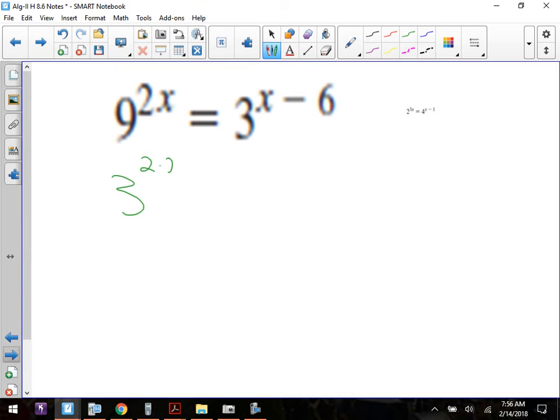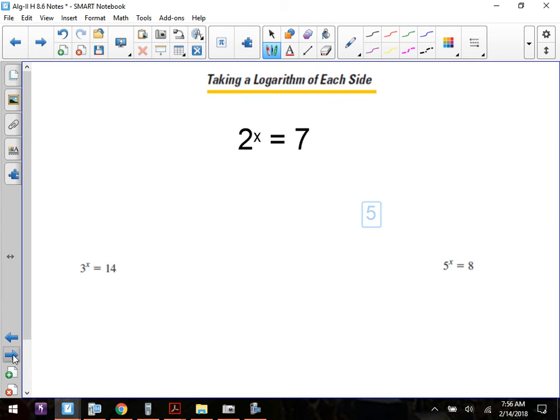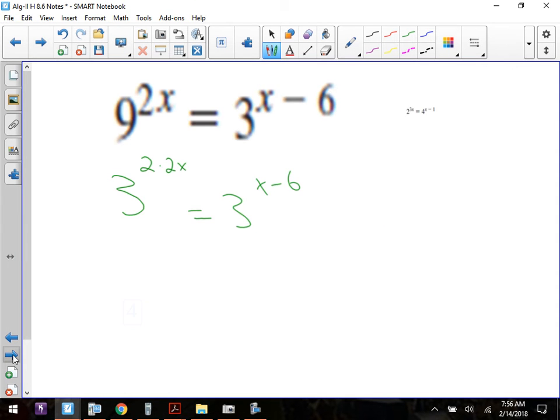So 3 squared to the 2x. The exponent stays 2 times 2x equals 3 to the x minus 6. Are those bases the same on both sides of the equation? Is there anything else after that? No. What I mean is there's no extra tack on plus 2 here. So this is that same idea.